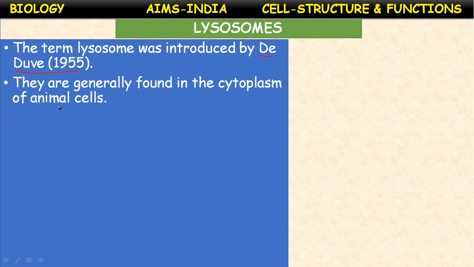They are generally found in the cytoplasm of animal cells only. These lysosomes exhibit polymorphism. Polymorphism means different forms. Poly means many, morphism means structures. They are present in many structures.